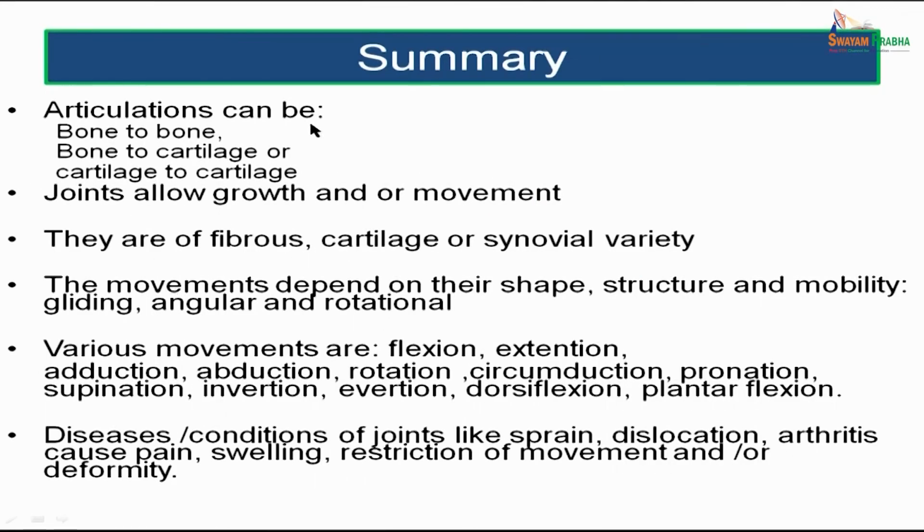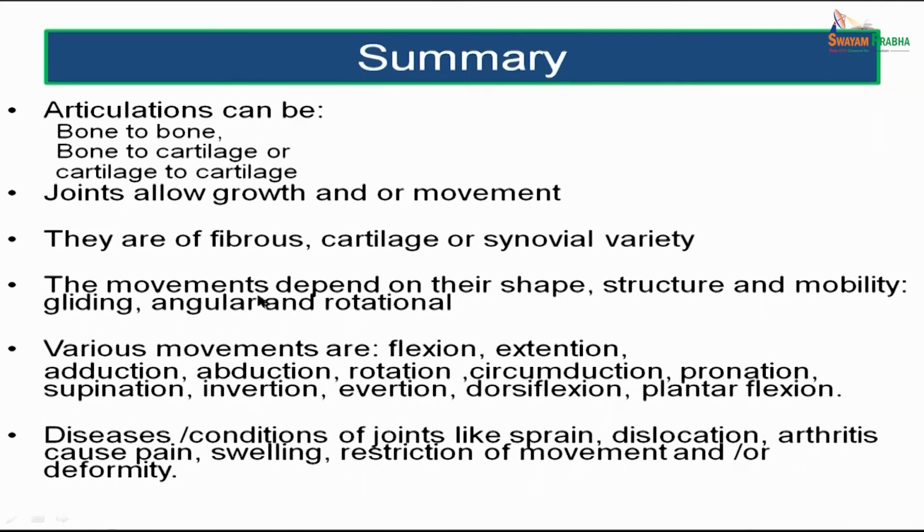To summarize, articulations can be from bone to bone, bone to cartilage, cartilage to cartilage. Joints are for only growth, movement, or both growth and movement. They can be fibrous, cartilaginous and synovial.